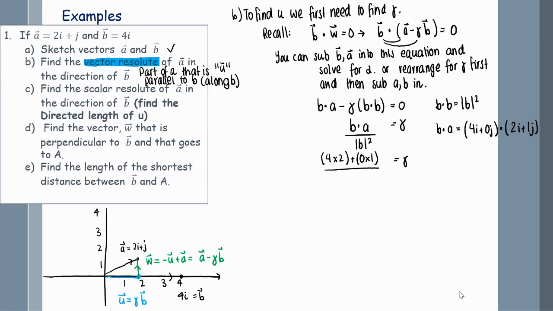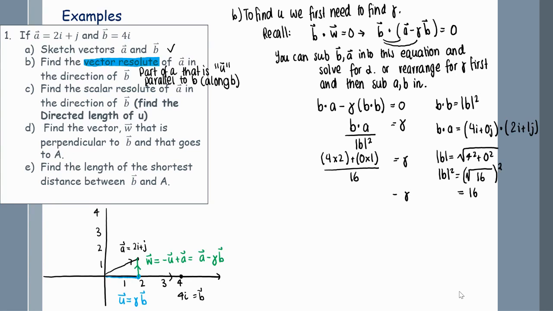So we're going to have 4 times 2 plus 0 times 1. The length of B, well, that will just be the square root of 4 squared. So the length of B squared would just be 4 squared, which is 16.